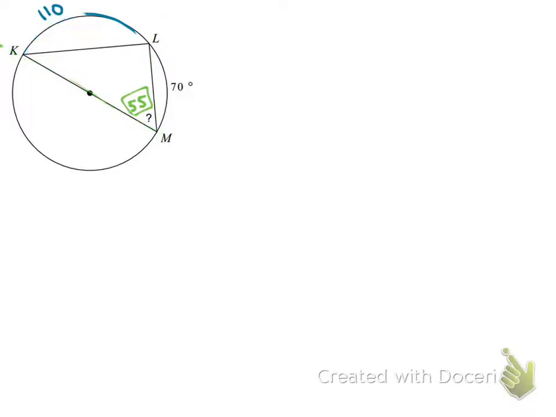Some people like to think outside of the box. 70 degrees means that angle K is how many? 35. And if one of my sides of the triangle is a diameter, what do we call this side? The hypotenuse, which means angle L is 90, and then you can add and subtract from 180.